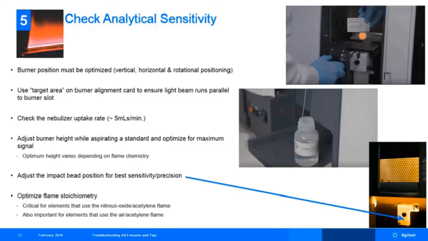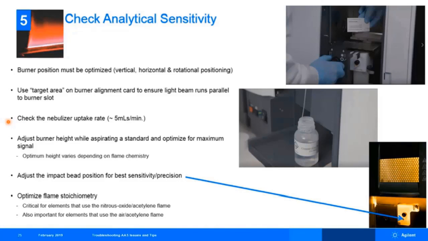You can position it on the burner and then use the target area as a way to ensure the burner is correctly aligned with respect to the light from the hollow cathode lamp. And that way you can do a very quick visual check to verify that the light beam is running parallel to the burner slot.